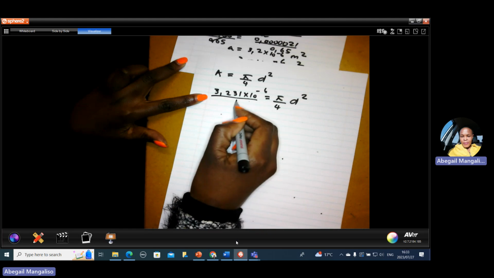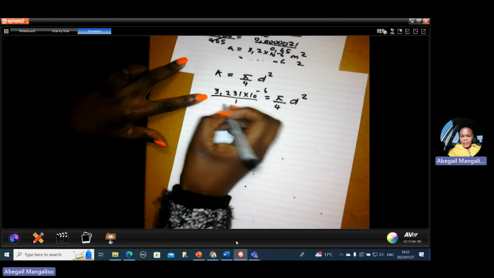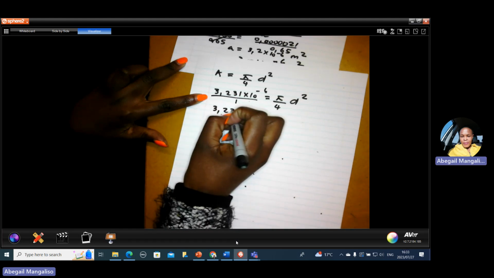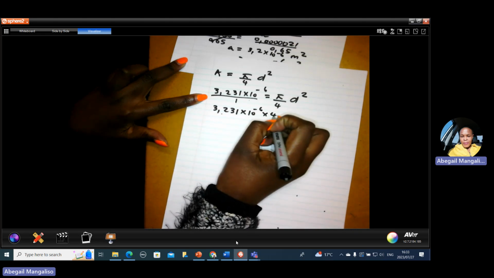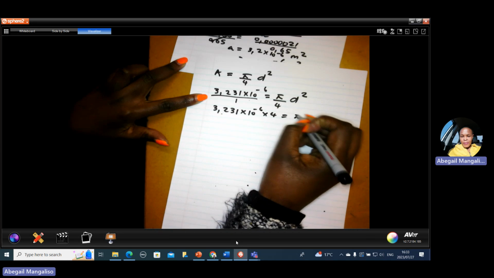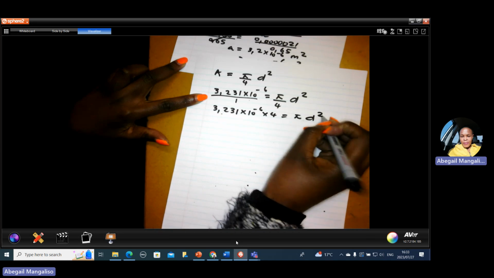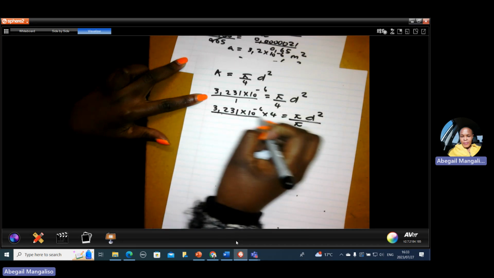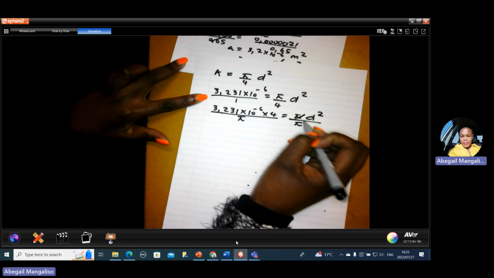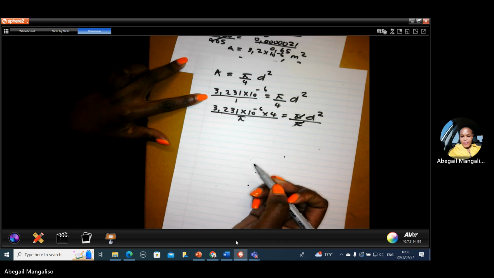This side is over 1. Cross multiply: 3.231 times 10 to the power negative 6 multiplied by 4 equals pi times d squared. Then we're going to divide both sides by pi. Pi cancels out.